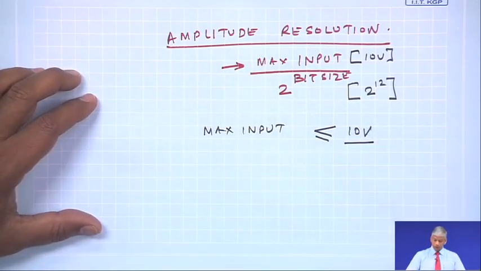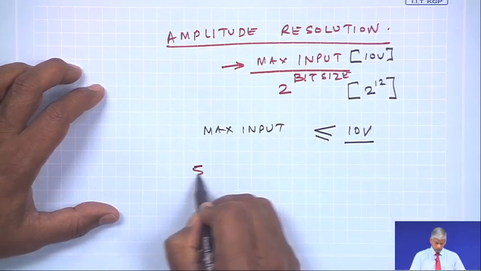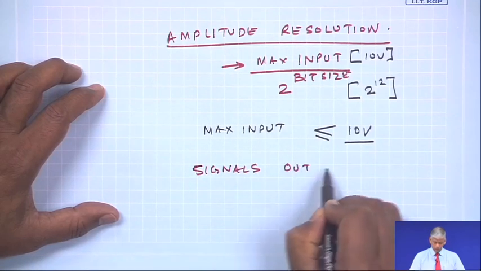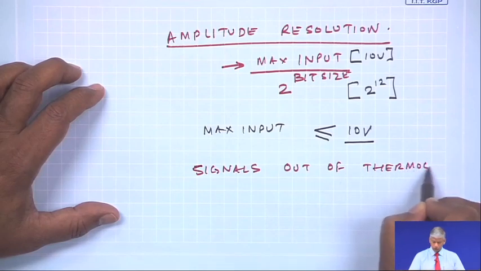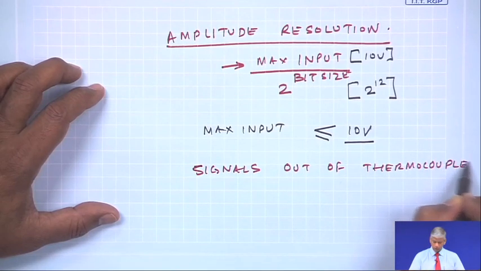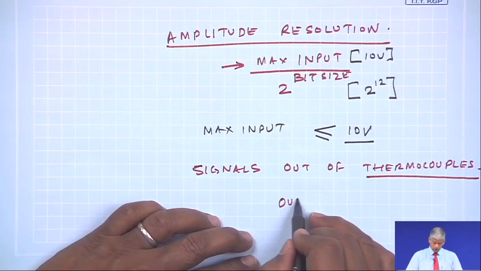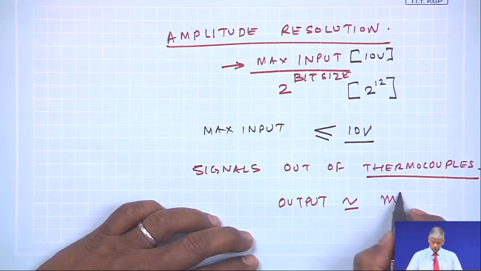In fact, when we deal with signals out of thermocouples, the output voltage is of the order of a few millivolts.